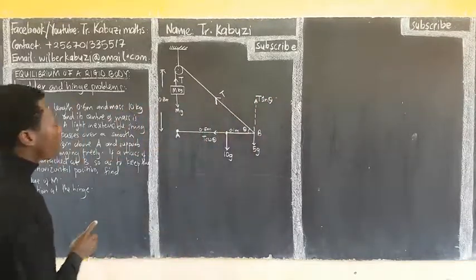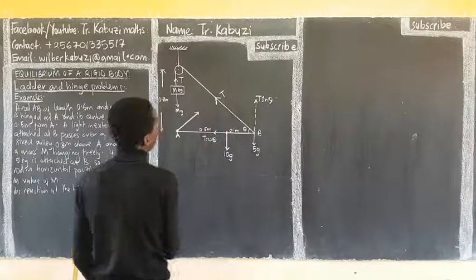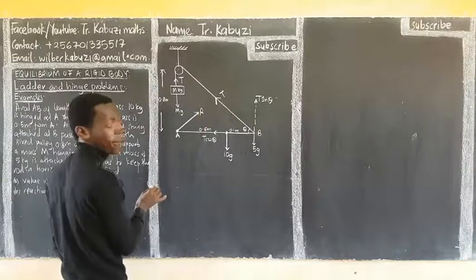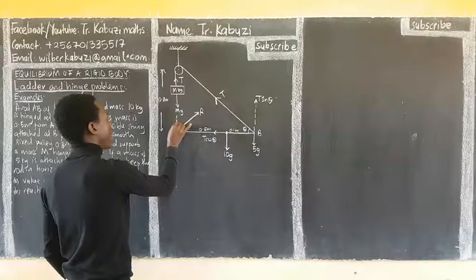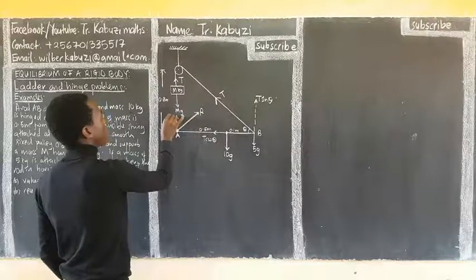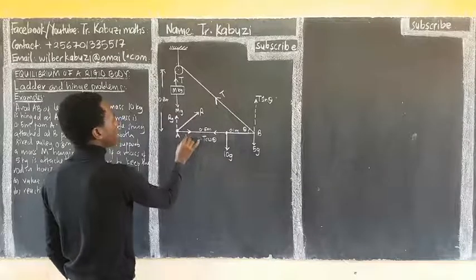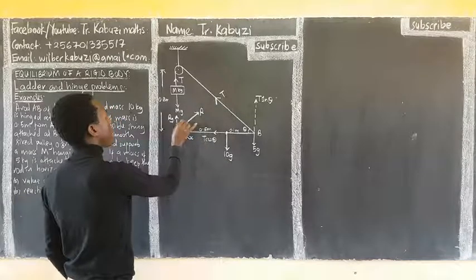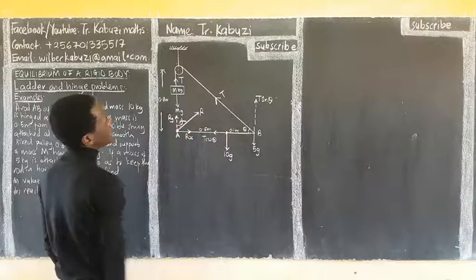Now, because we have a reaction at the hinge, this is going to be our reaction R. It means that we are going to have a vertical component from R, which I'm going to call Ry, then a horizontal component, which I'm going to call Rx, with an angle alpha.